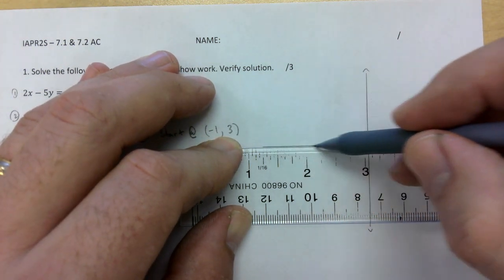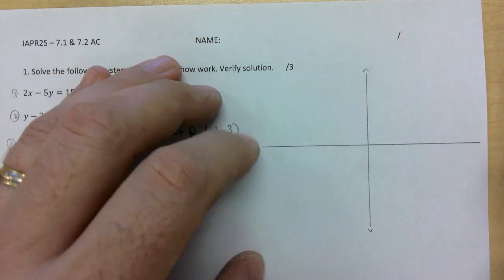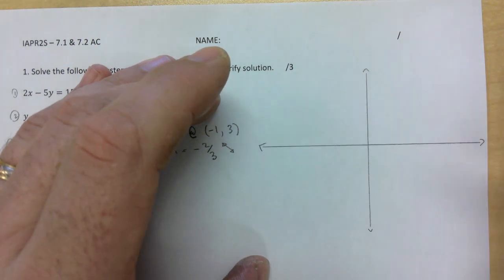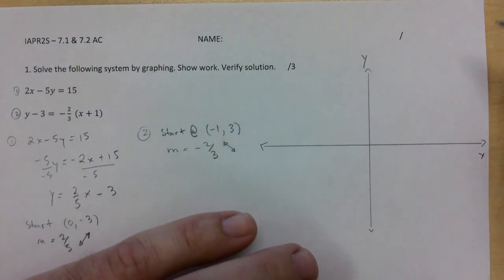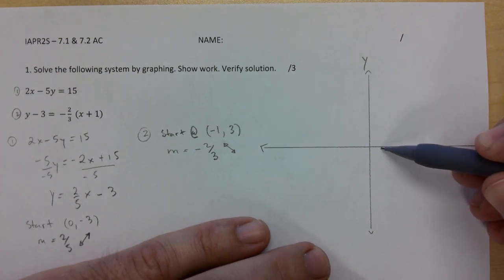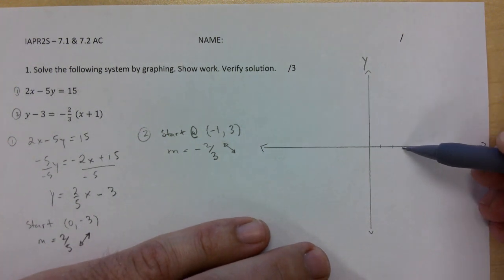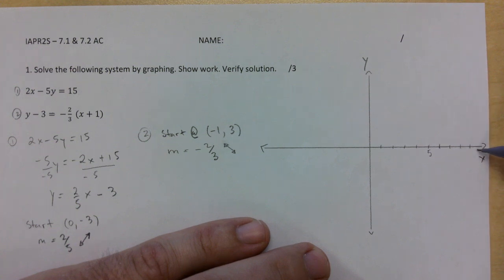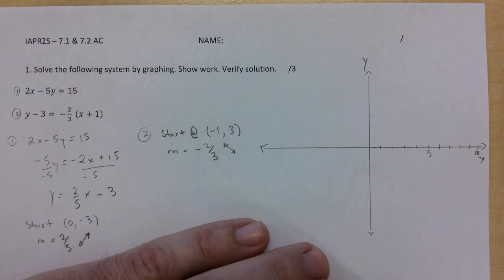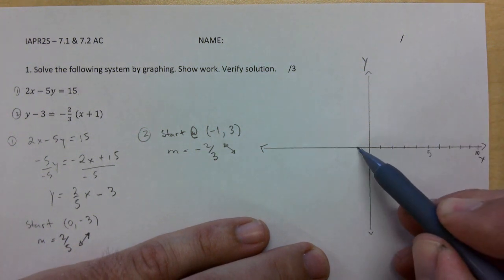So I chose to do this by hand because that's where most of you are at. So you have your x and your y, and I'm going to go 1, 2, 3, 4, 5, 6, 7, 8, 9, 10. If you do that, make sure they're spread out equally, and then do the same thing this way.